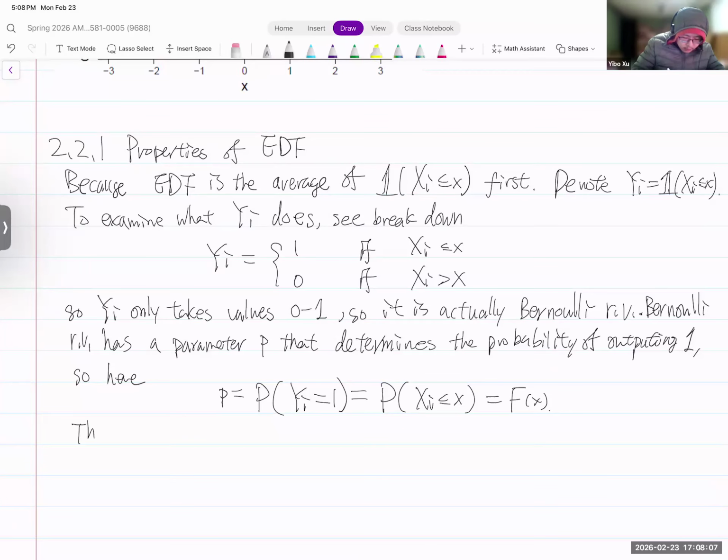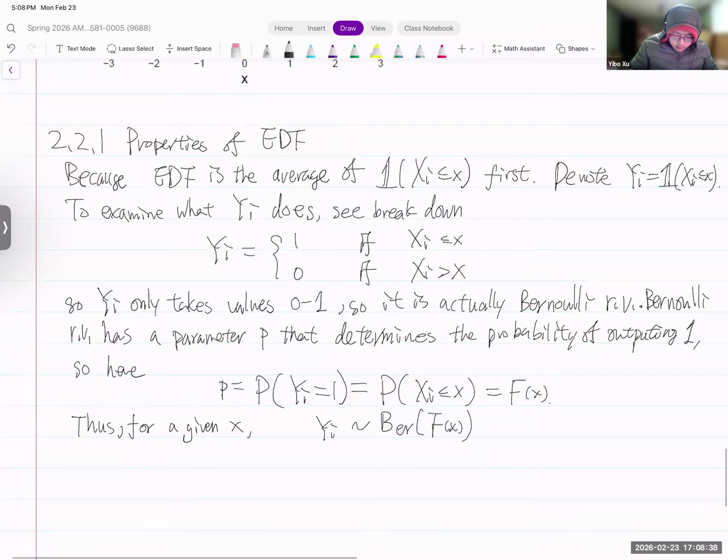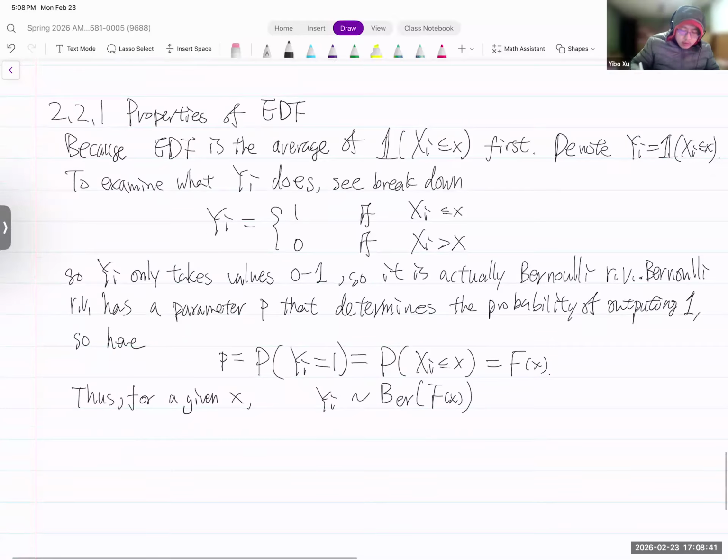Thus, for a given x, Yi follows the Bernoulli distribution with F of x as my success probability parameter.